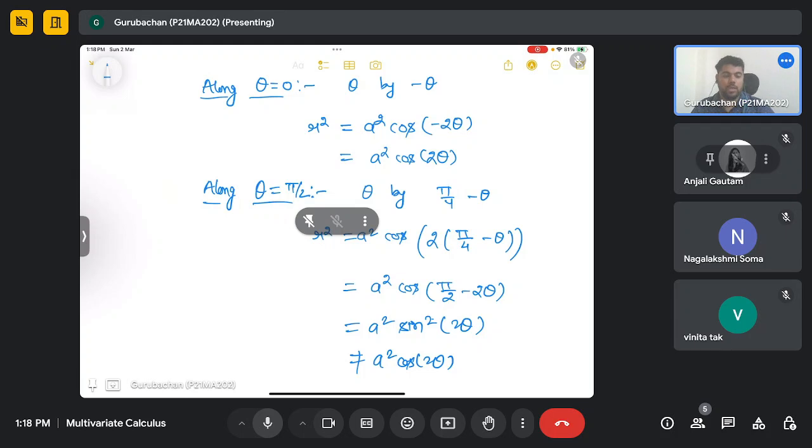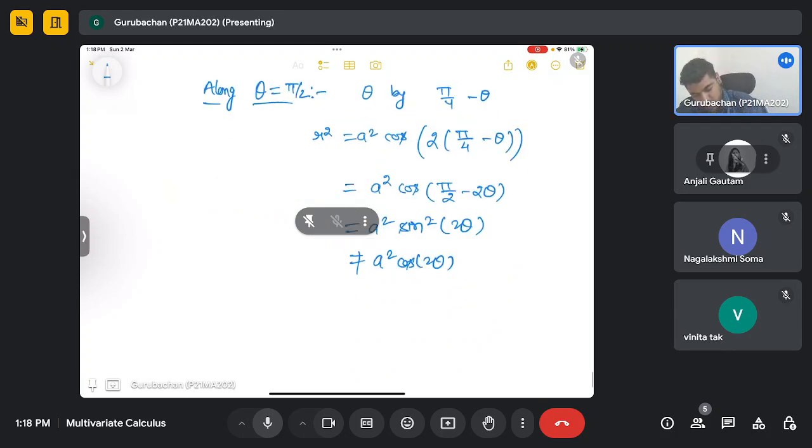Now next we can check along theta equal to pi. How can we check along theta equal to pi? For theta equal to pi, what do we have to replace?